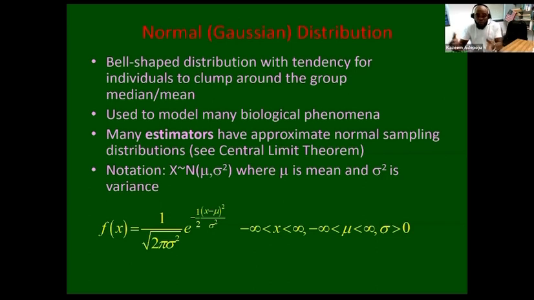In 1809, somebody called Gauss applied normal distribution to the study of astronomical data. From them, a lot of researchers have started applying normal distribution to depict real life practical situations. We have a lot of biological phenomena that can be captured by normal distribution.